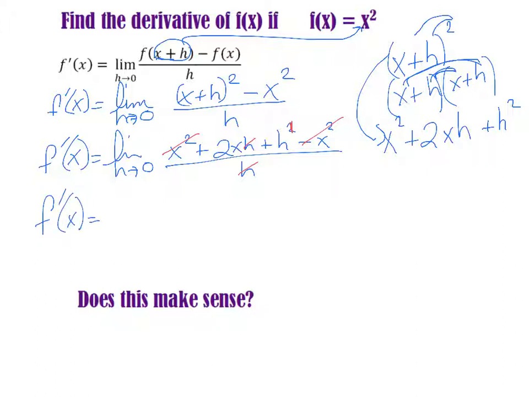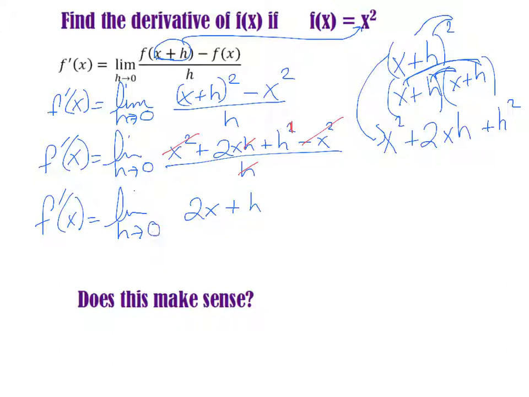The derivative is the limit as h approaches 0, and it looks like I have left a 2x plus h. Now, you have to remember where we're at here. We started off as a limit. We couldn't do direct substitution, so we cleaned it up until the h in the denominator went away.